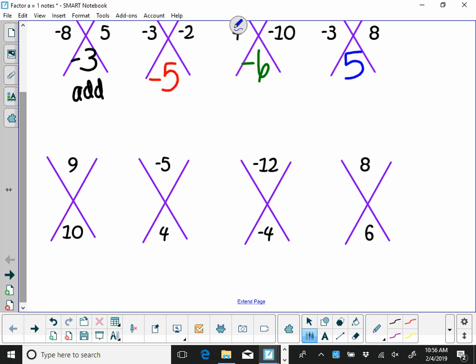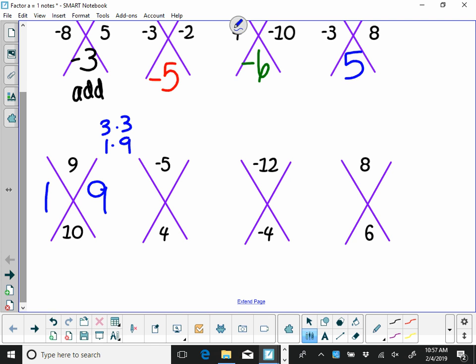Everybody automatically thinks 3 times 3 gives me 9, right? But does 3 plus 3 equal 10? No. What else can multiply to give me 9? 1 and 9. So 1 times 9 gives me 9, and 1 plus 9 gives me 10.